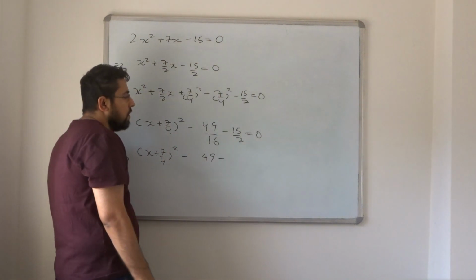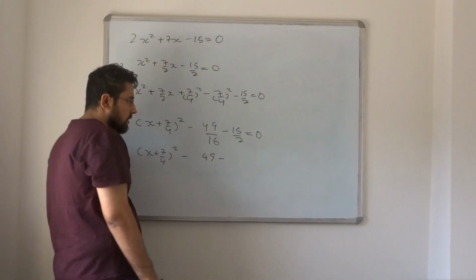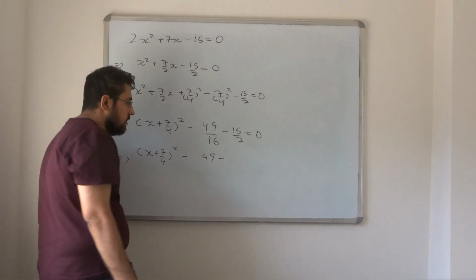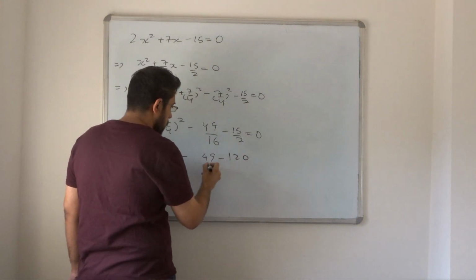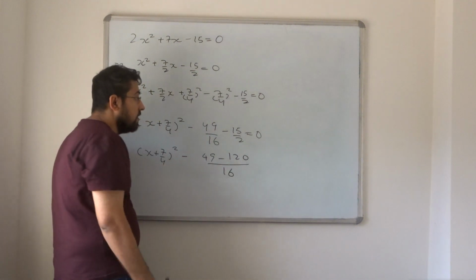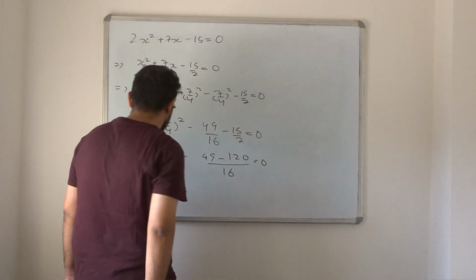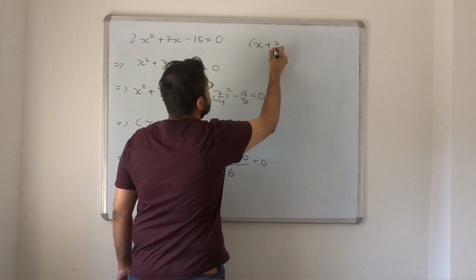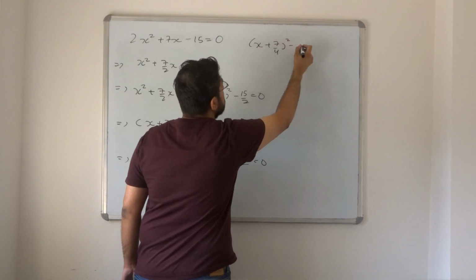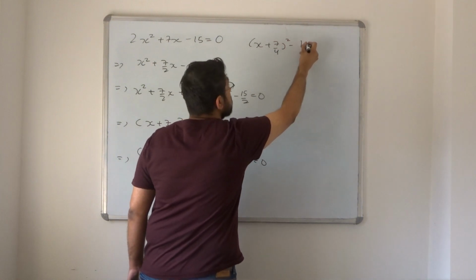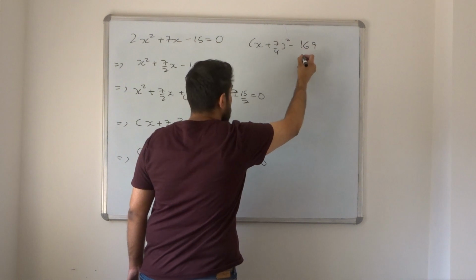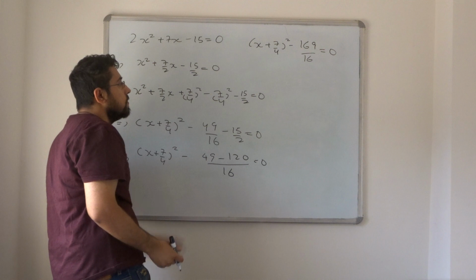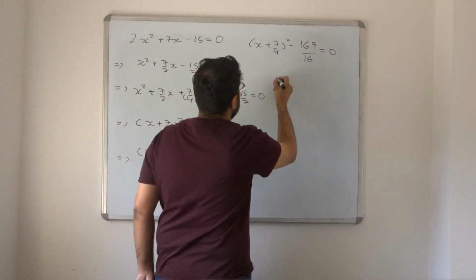Okay, so now 16 divided by 2 is 8, so 15 multiplied by 8 is 120. Okay, 20 over 16, you have to carry the LCM back. Okay, so now you have x plus 7 by 4 square minus 169 upon 16 equals 0. So now we take it on the other side.